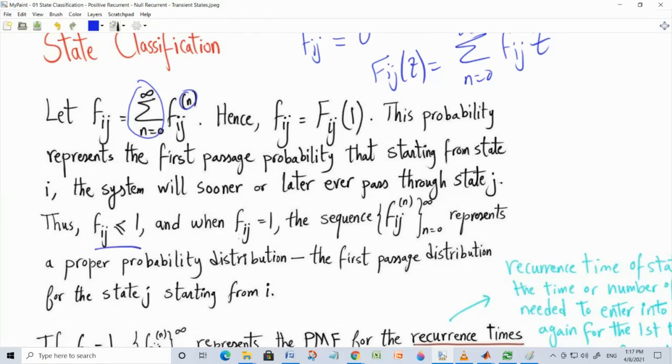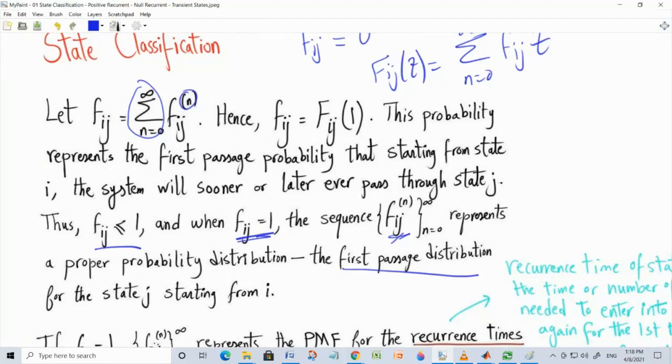Okay, now if this summation is 1, then the sequence Fij of n becomes a PMF, right? Those guys are non-negative and their summation is 1, and this will be the first passage distribution to state j starting from i.